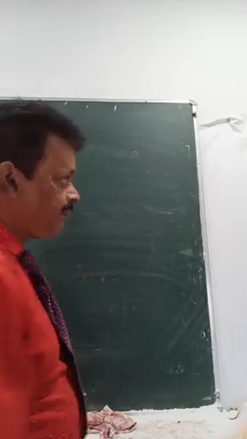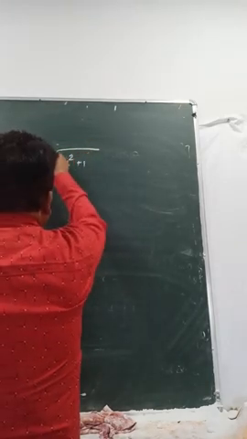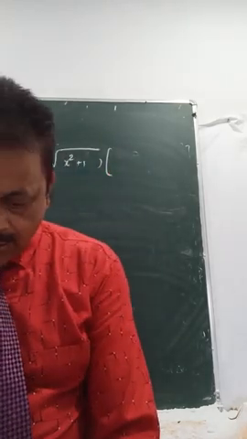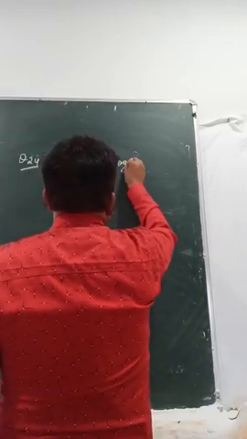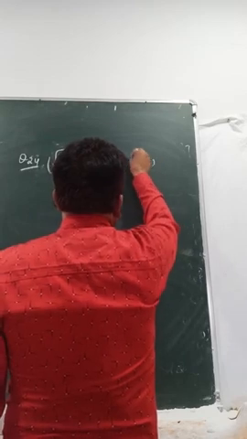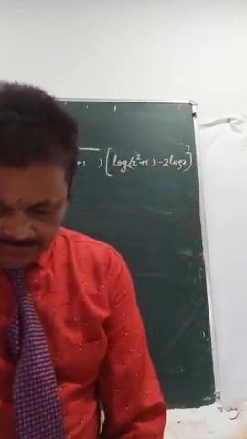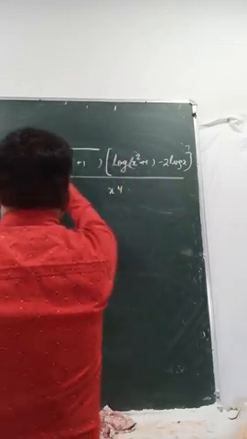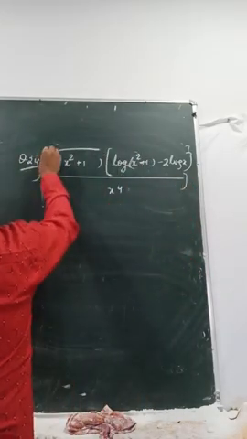It is square root of x square plus 1, then log x square plus 1 minus 2 log x, divided by x to the power 4. Okay, this is our integration there.